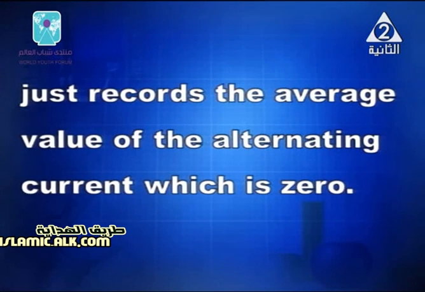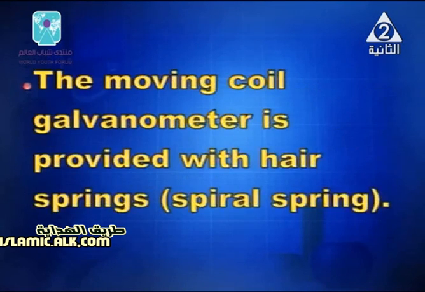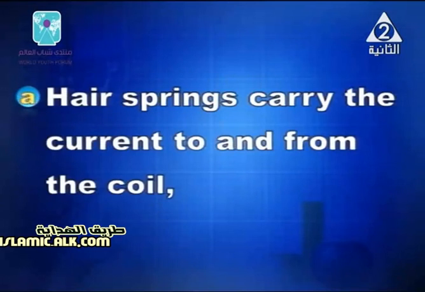Another give reason: the moving coil galvanometer is provided with hair springs. As a matter of fact, it asks for the function of the spiral springs found in the moving coil galvanometer. Hair springs carry the current to and from the coil.